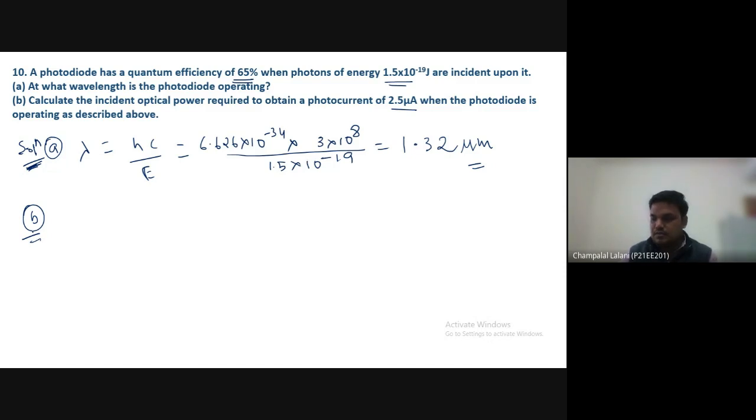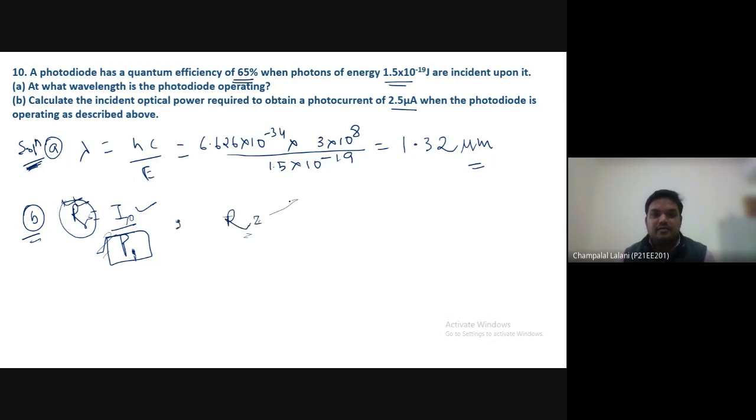See, we know that R, responsivity, is equal to I upon P, the output current and incident power. So if we find the value of responsivity, we have the output current, we can find the power. So first we need to find the responsivity here.